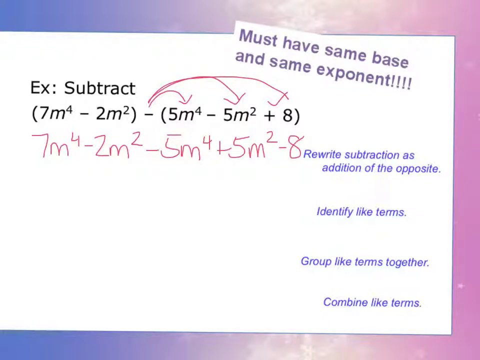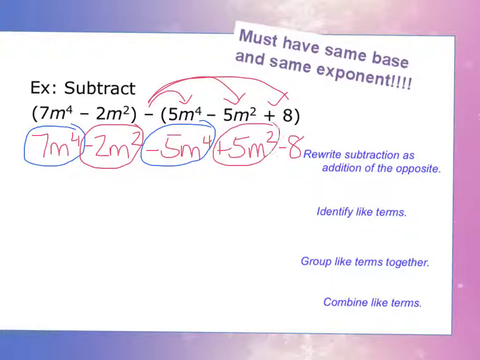And now that I redistributed that negative, it goes away and I'm able to identify my like terms and combine. So 7m to the fourth will go with negative 5m to the fourth, and negative 2m squared will go with 5m squared, and negative 8 will be alone. And of course, written last since it's the constant.